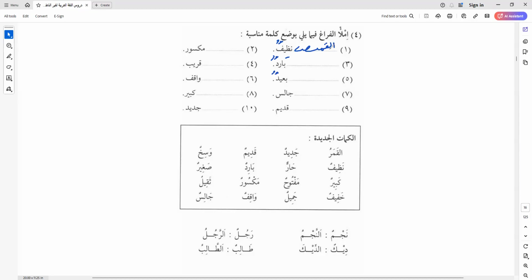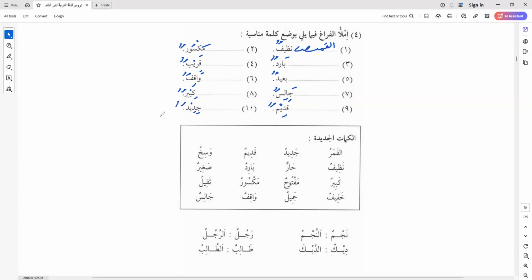Now remember, the noun that comes here must have alif and lam. Okay, very, very important. Jalisun, because that is what we are practicing. Qadimun, old. Maqsurun, broken. Qaribun, near. Waqifun, standing. Kabirun, big, huge.